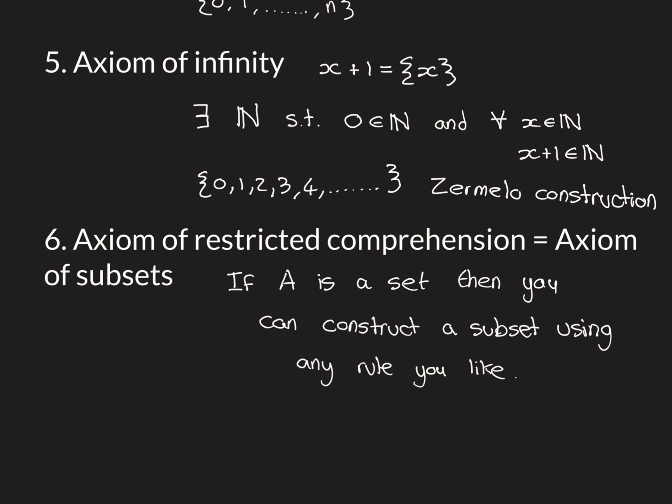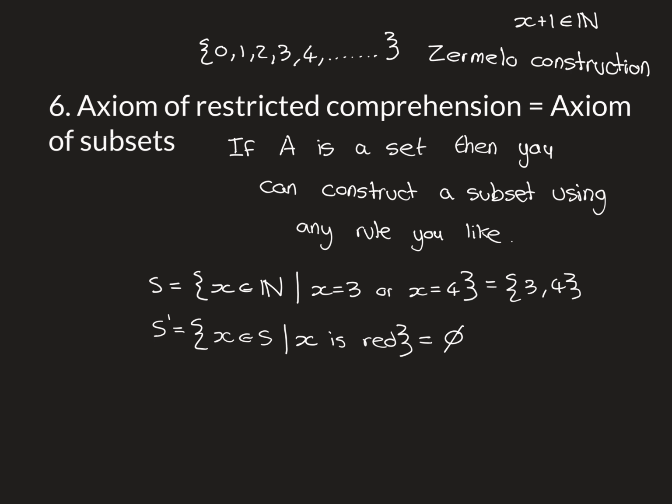Contrast this to the axiom of unrestricted comprehension, which said that you can use any rule you like to define a set. In this new axiom of restricted comprehension, you can use any rule you like to define a subset, not a set. That's the crucial difference. That's the solution to all of this. So let's examine this in detail. So let's start just with some trivial examples.